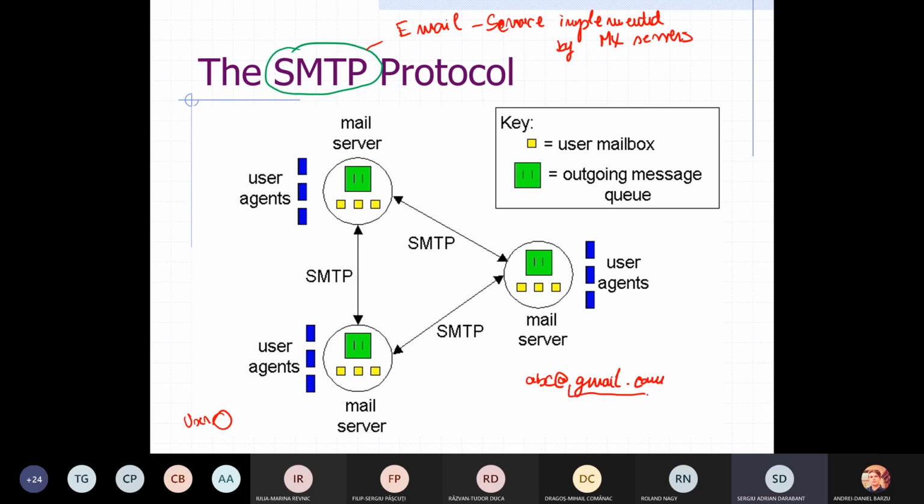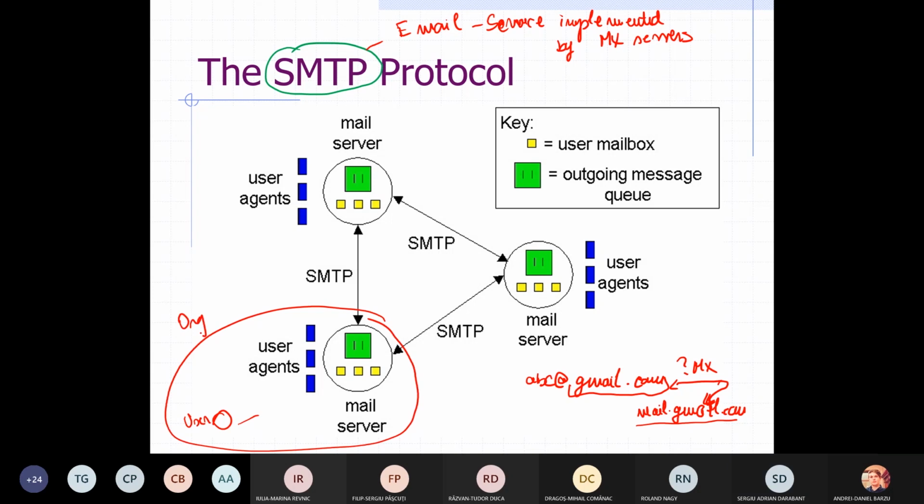Well, you will ask who is the MX for that domain, and you will get a machine name, for example, mail.gmail.com. And then once you get this, you send your email to your local, this is my local organization. Your email will be delivered to your local mail server, and you will get this information.